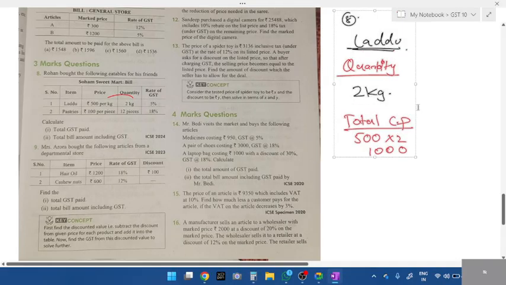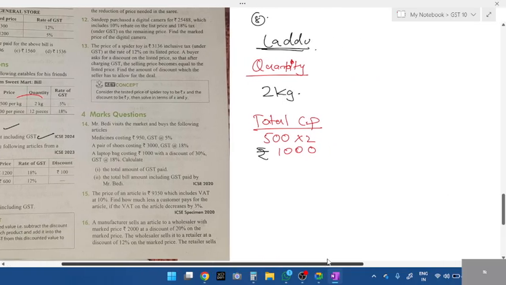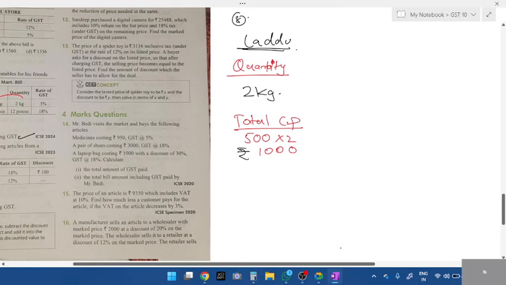5%. What have they asked us to find? Total GST, and total amount including GST. So total cost price is rupees 1000. I want you to calculate only the GST, students. How much is GST? 5%.